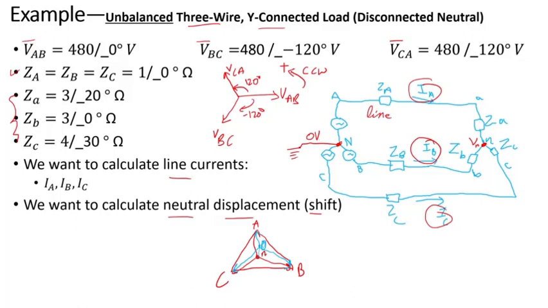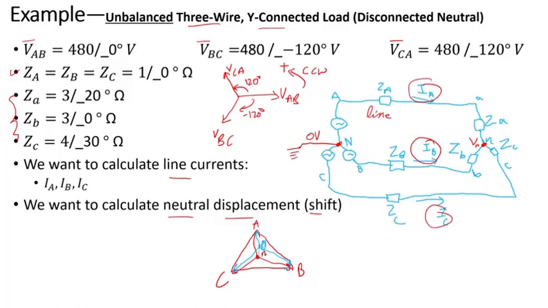So it's going to shift somewhere else, which causes the phase voltages, or line to ground voltages, or line to neutral voltages, from A to that new neutral point, B to that neutral point, C to that neutral point, to no longer be equal.